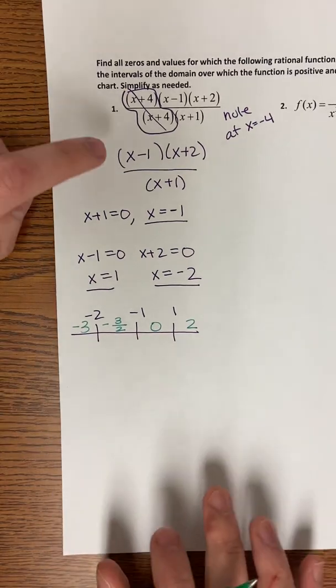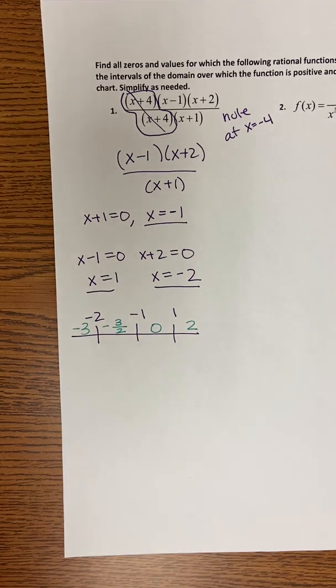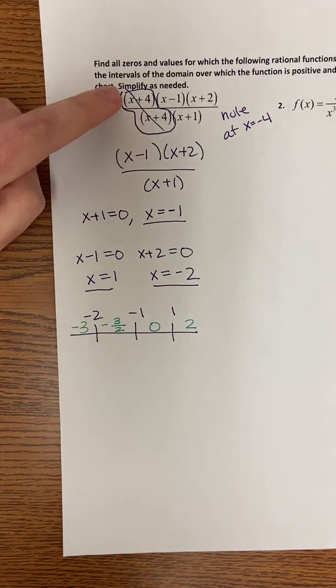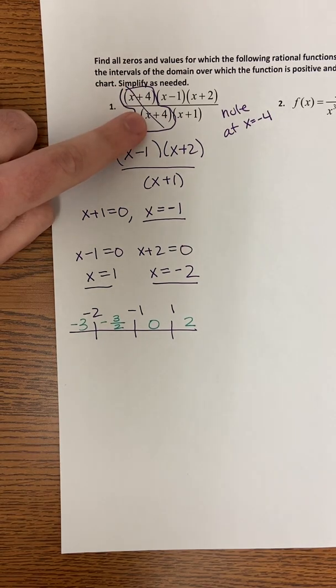And I'm going to plug it in sign-wise into what remains. The reason I don't need to plug it into the original before the hole was removed is because regardless of what number you plug in, as long as it's not negative 4, it will be the same sign for both of these. Let's take plugging in 5. 5 plus 4 is positive. 5 plus 4 is positive.